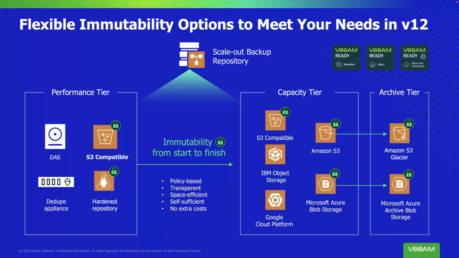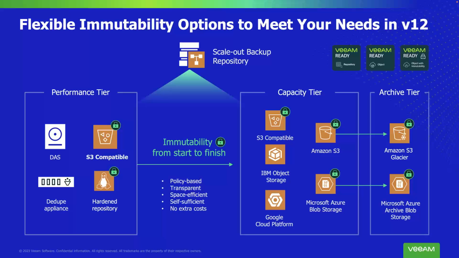And backing up to the capacity tier, if you have long-term retention or a requirement that your monthly or yearly backups need to go there, you can store them in object storage in the capacity tier. For object storage, we support the S3 object lock APIs.